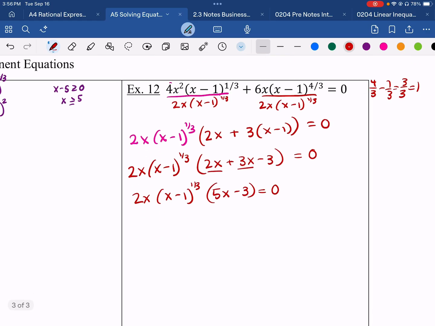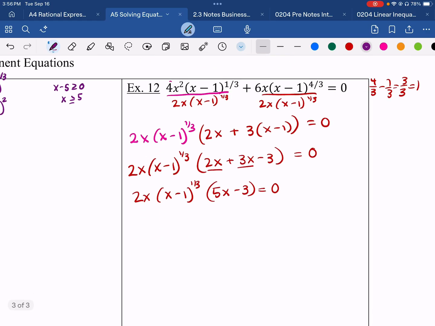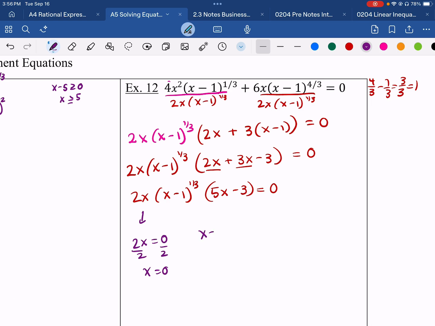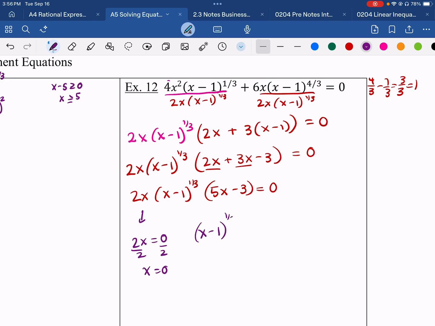All right, I got 3 factors. First factor is 2x. 2x equals 0. Divide by 2. X equals 0. Okay. X minus 1 all to the 1/3 equals 0. Raise it to the power of 3, the reciprocal, which is 3 over 1, which is just 3. 0 to the 3rd power is just 0.